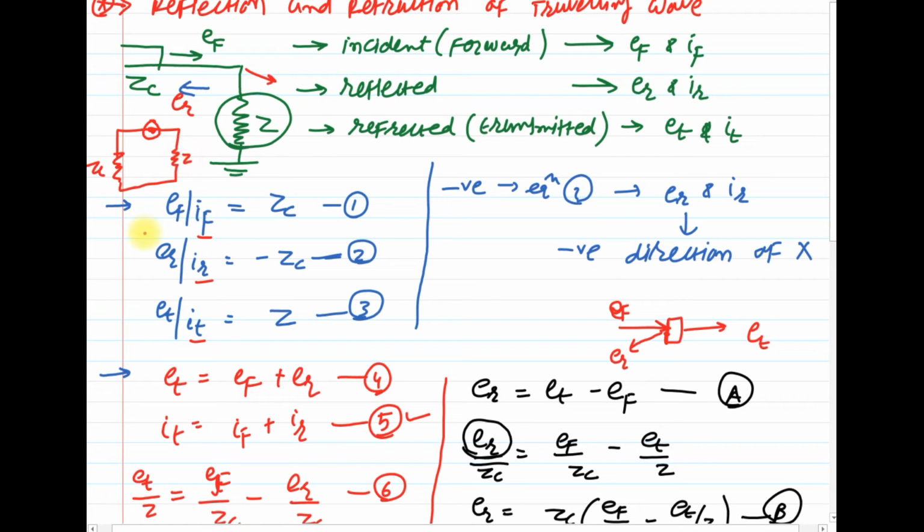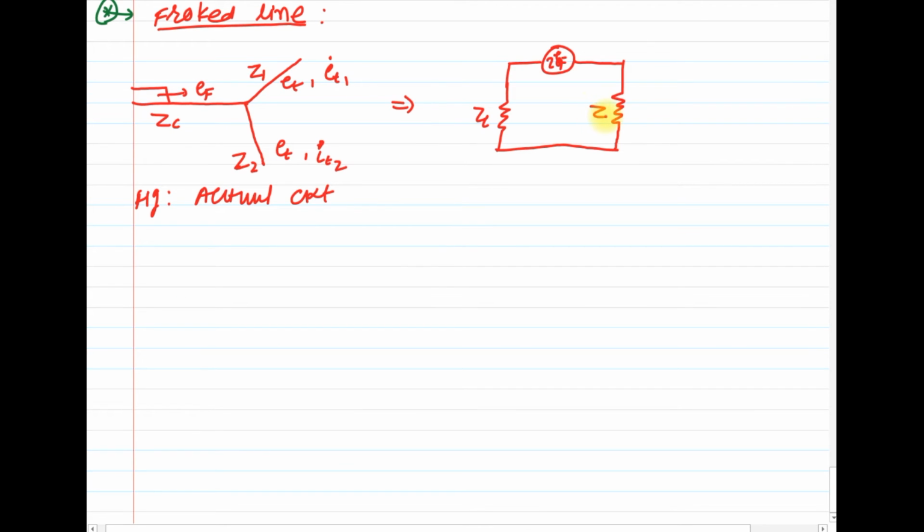And then the impedances ZC and Z. But now, if one more line with a different surge impedance is added, it is added in parallel with this transmission line, with a different transmitted current. I will draw it over here: line Z1 with the current IT1. Same way, we know that in a parallel circuit the voltage remains as it is. That's why I have written ET and ET, the transmitted or refracted voltage ET.